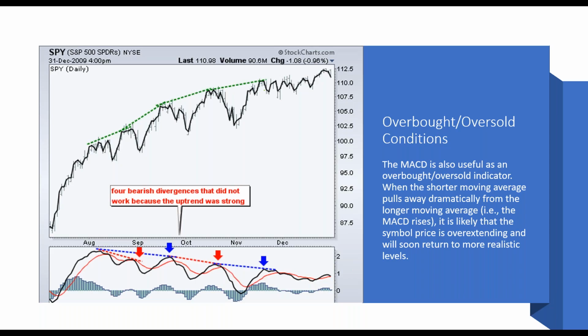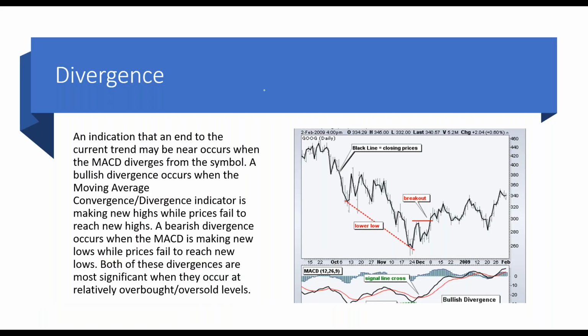So we had divergence. An indication that the end of a current trend may be near occurs when the MACD diverges from its price. Again, I don't ever see divergence. Somebody can point it out to me and I'll see it, but I never see it easily on my charts.